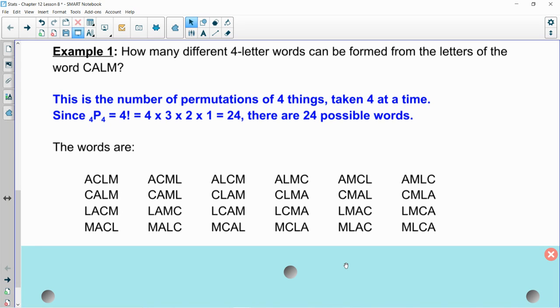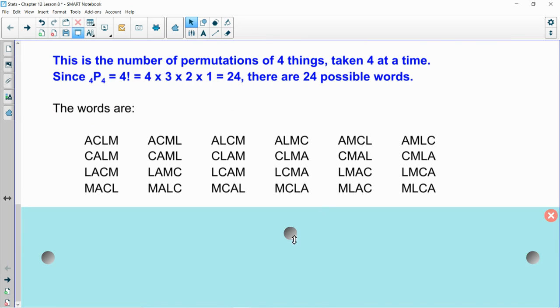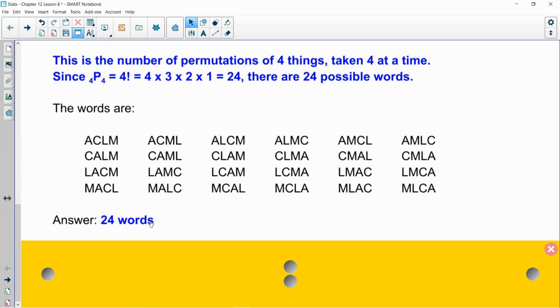And there's a lot because all 4 letters are different. So let's build on that. We know that our answer is 24 words, from looking at the list, and we also have this nice little notation of a permutation or factorial we can use to get the answer pretty quickly.